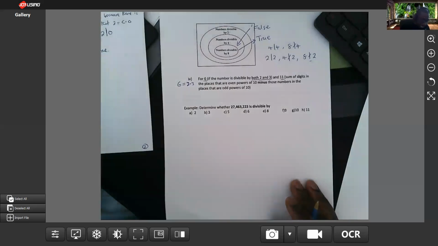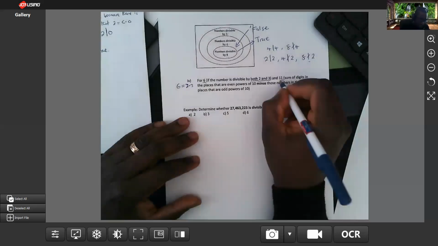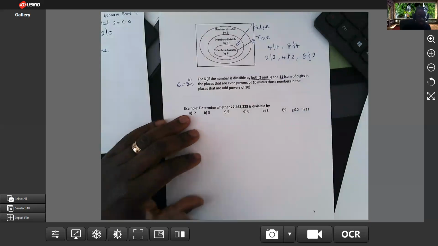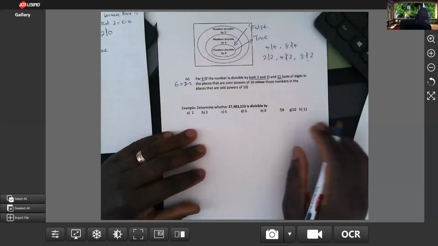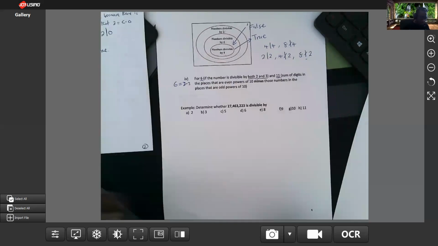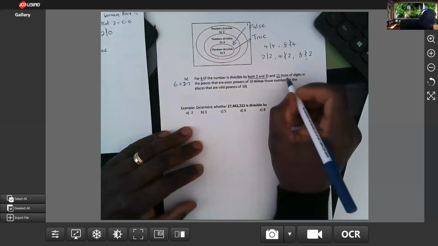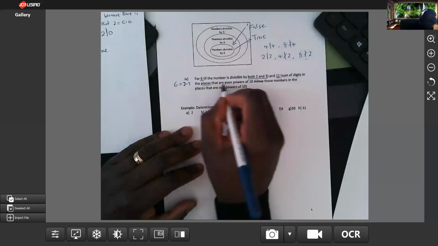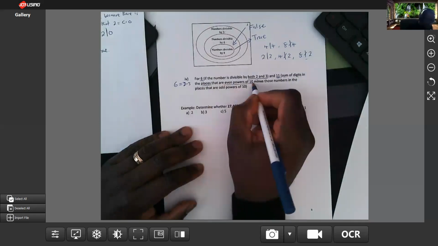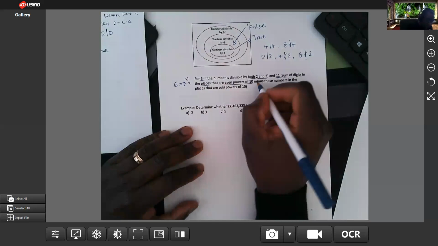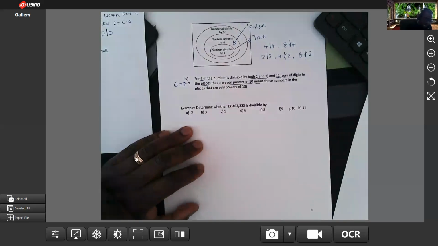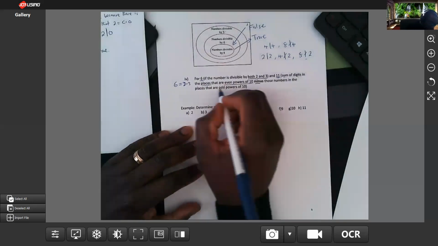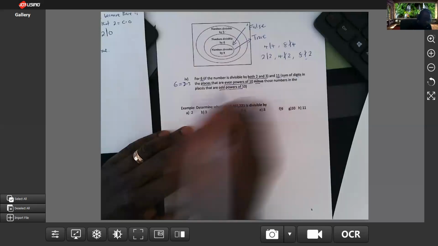Now in the case of 11, you use the base 10 place values, like you write in expanded form. You have to find the sum of all the digits in places that are even powers of 10, and then minus those in the places that are odd powers of 10.